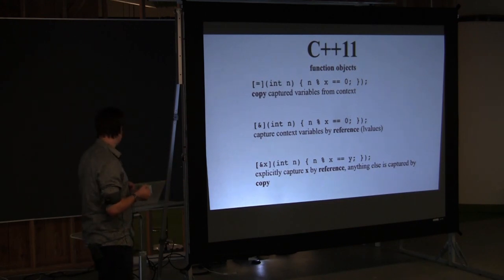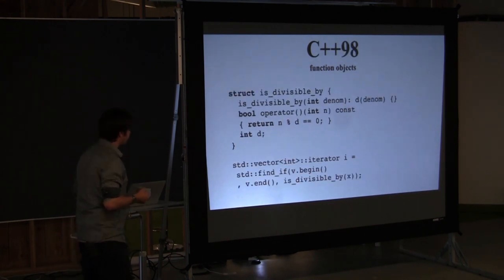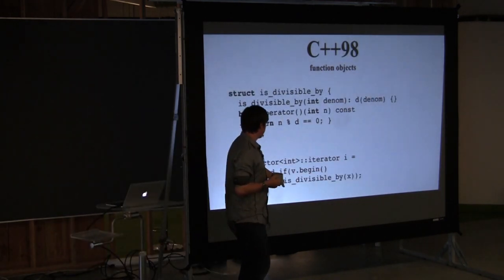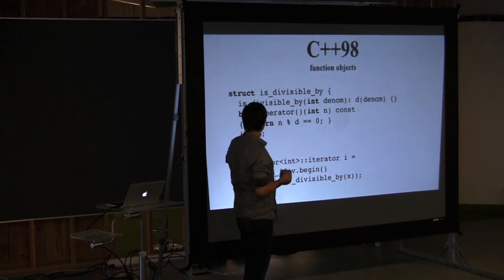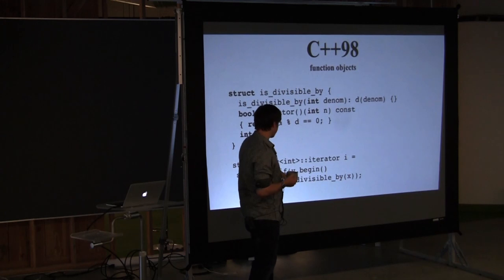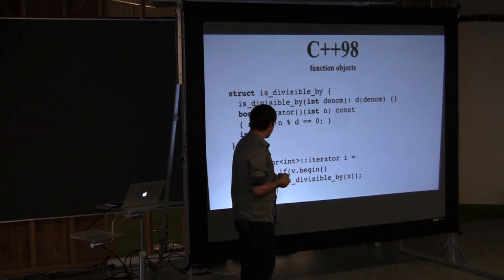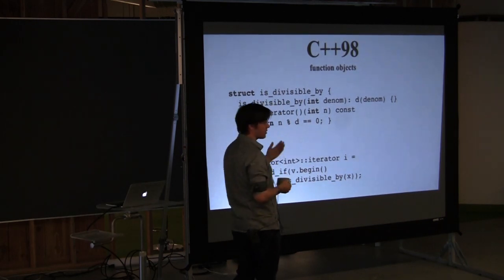Similar to this example, here you instantiate an instance of is divisible by x, and x is copied into d. So this instance has captured x. If you somehow save this instance on the stack, and then change x, from the is divisible by point of view, x would still be whatever you passed in.